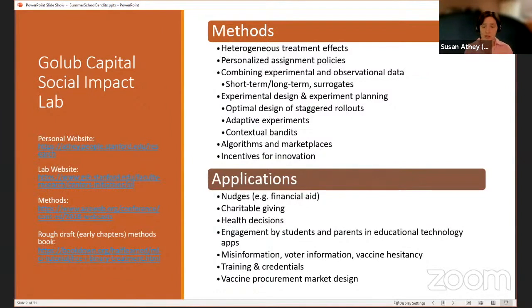Health decisions, educational technology. We've been running a lot of experiments and planning a bunch more around things like misinformation, voter information, or vaccine hesitancy, where we're designing and running chatbot experiments through platforms like Facebook. So these are all different applications where these techniques might be useful.